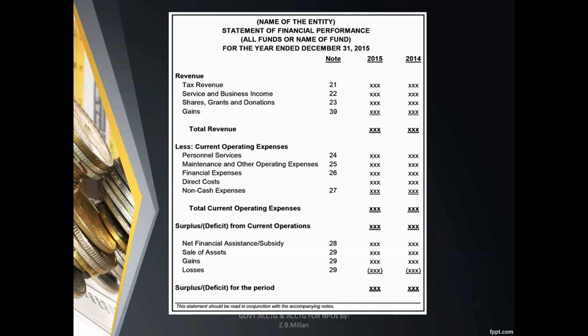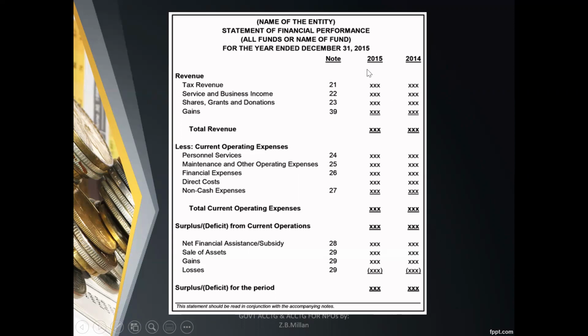So we have here an example of the statement of financial performance. This is the format. Okay, you have here the name of the entity, the statement of financial performance, and then all funds or the name of fund, and for the year ended December 31, 2015. So this is the current year, this is the comparative year.